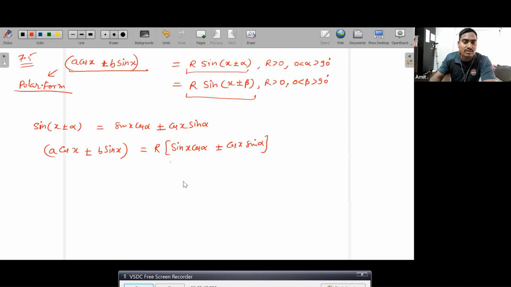Now we just have to compare both sides, comparing the coefficients of sin x and cos x.